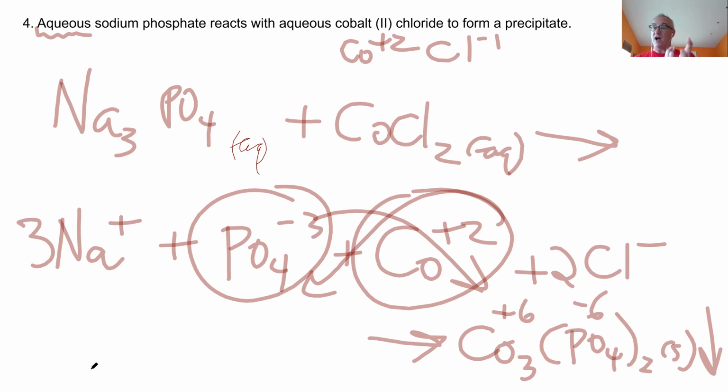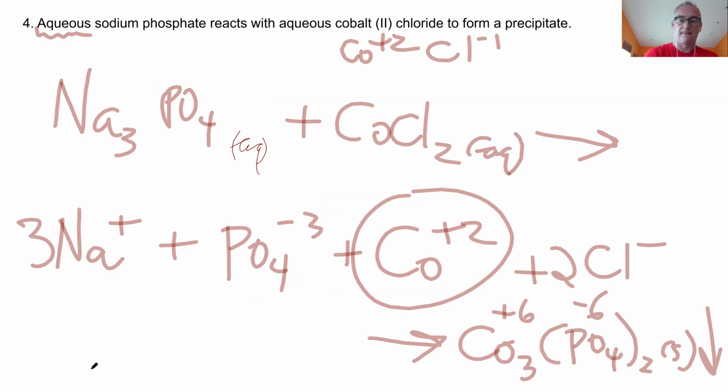But we have not balanced our equation, have we? How are we going to balance our equation? So that is our product. Yes. What are our reactants?